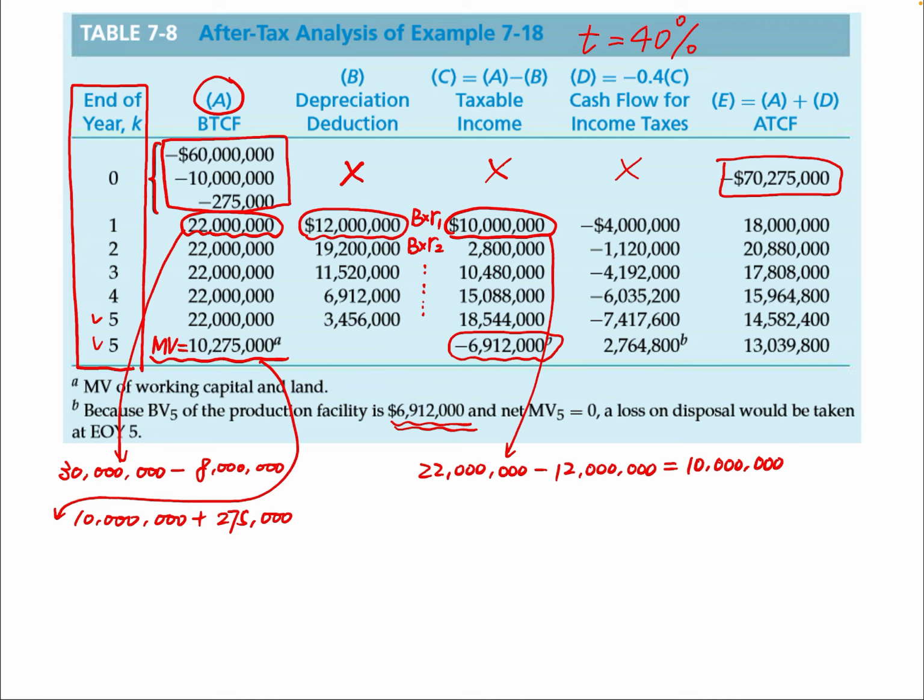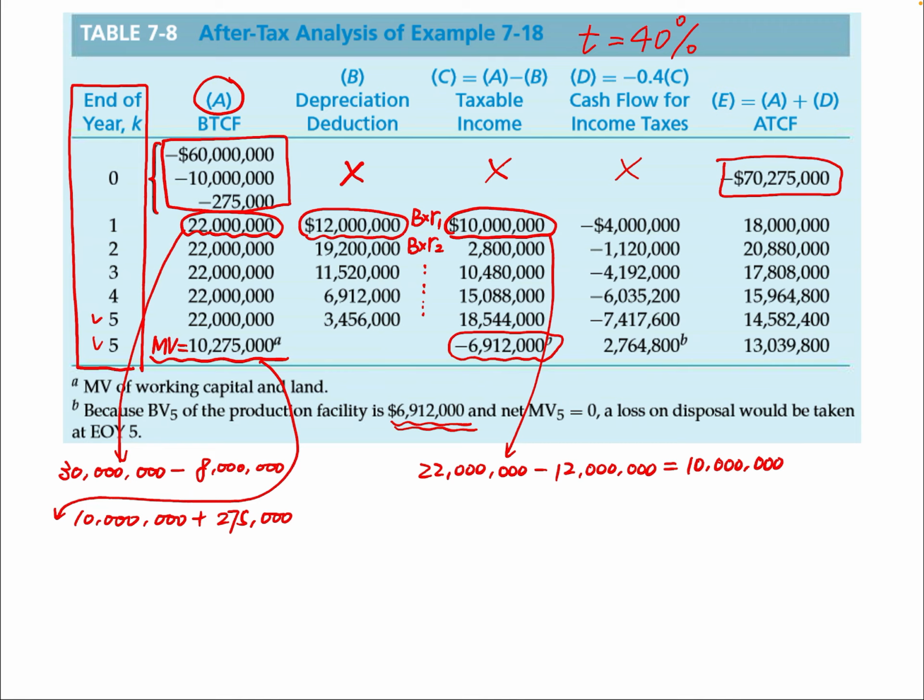Remember that the facility cannot be depreciated, so at the end of the 5 years its MV is 0. So a loss on disposal would be taken at the end of year 5. That is why you have this negative 6,112,000 at the end of column C.